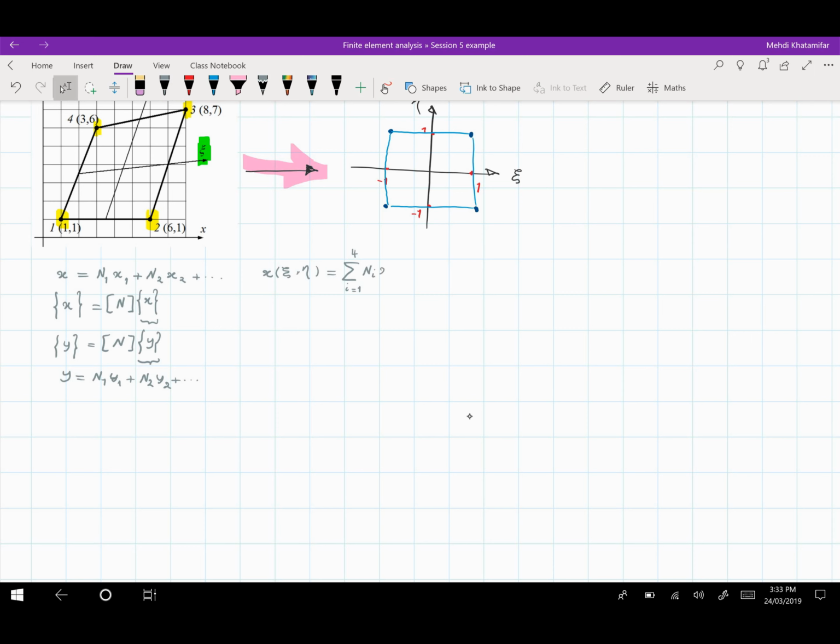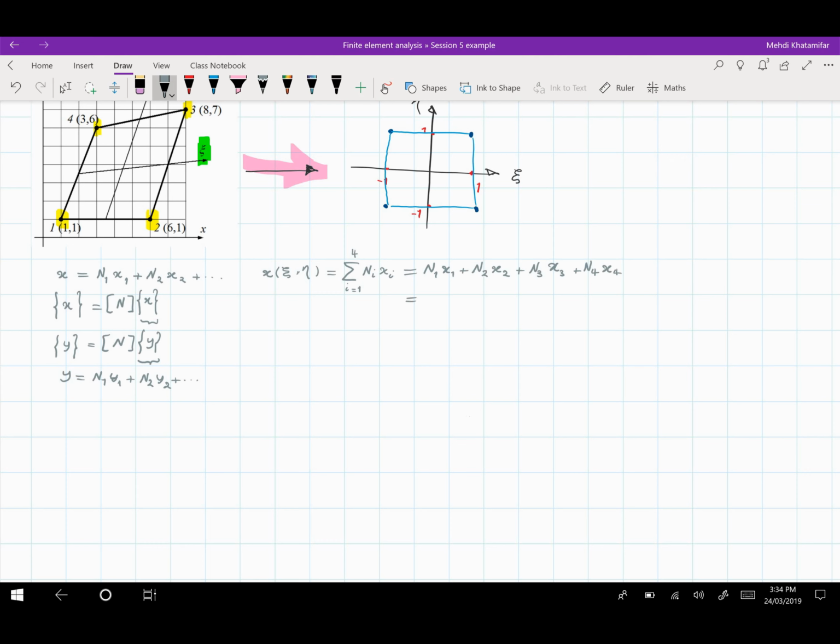So ni xi, it is going to be n1x1 plus n2x2 plus n3x3, and finally n4x4. Let's put the values.